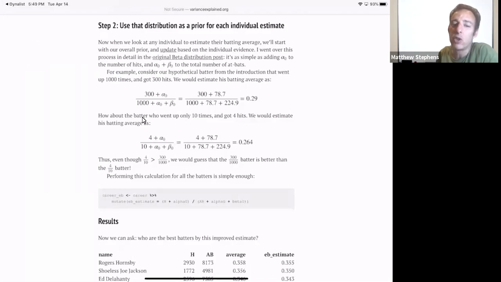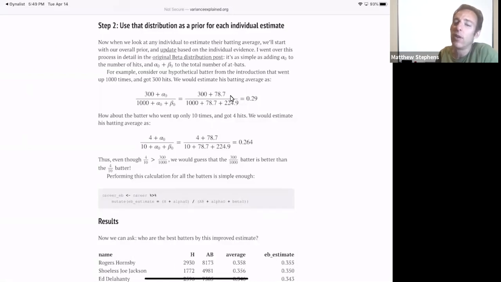Whereas this is an individual who only went up 10 times and got 4 hits. Even though their MLE is 40%, because he only went up 10 times, the prior is quite a bit more informative than the data. So the estimate you get for this player is much closer to the prior mean than it is to the individual's MLE, which would have been 40%.